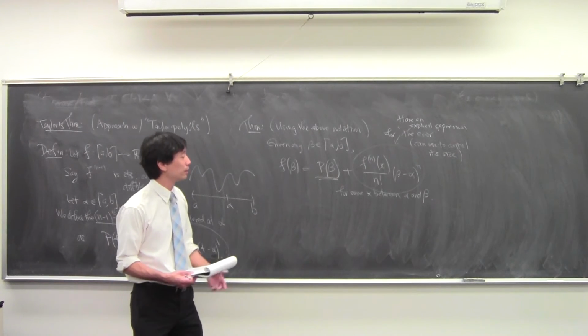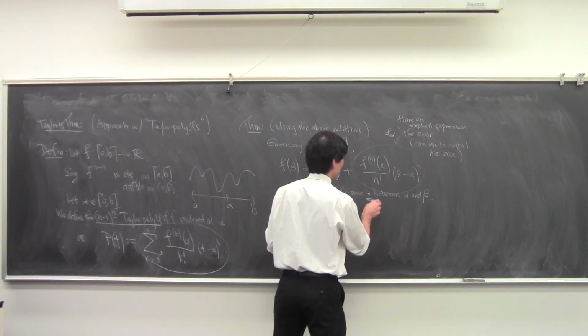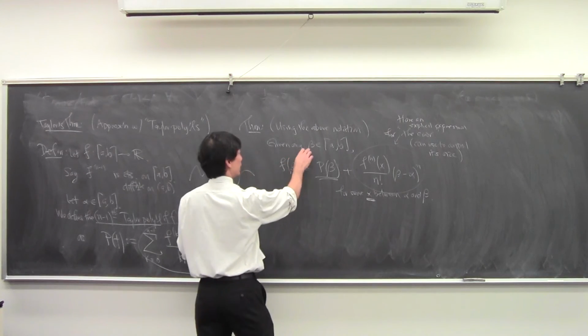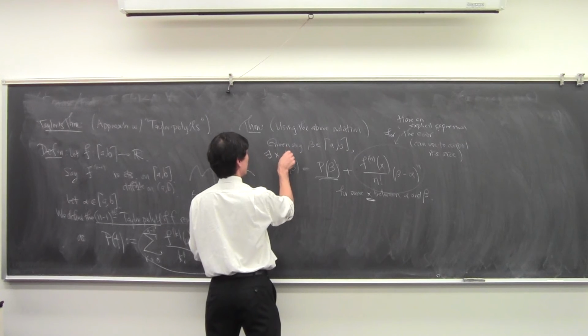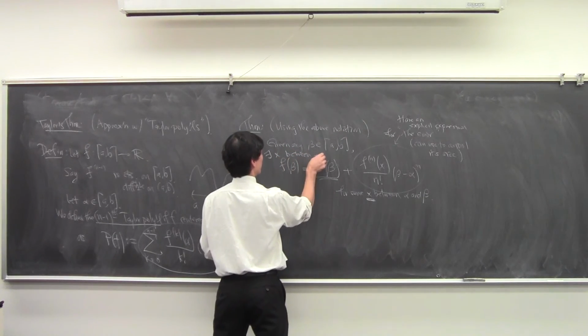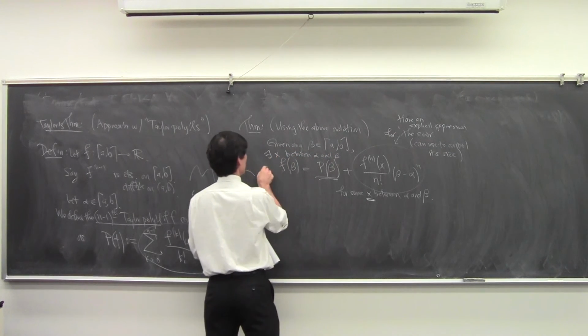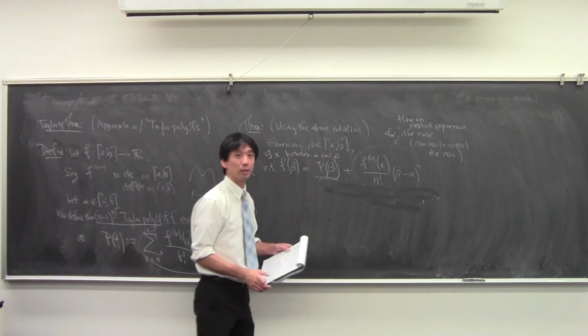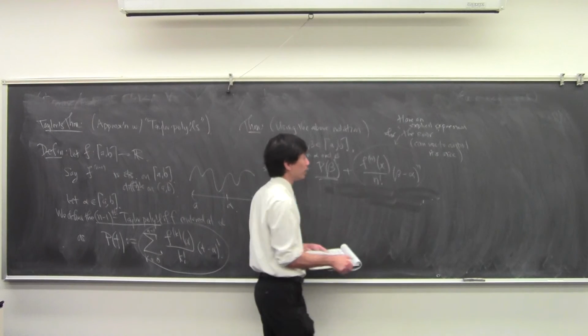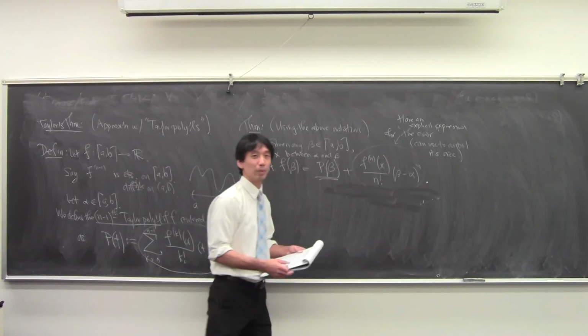Is that exactly equal? Yes. Let me say it this way: given any beta here, there exists an x between alpha and beta such that the difference is this. Maybe that's clearer. That's a bit more precisely stated.